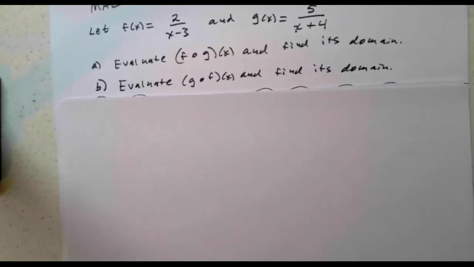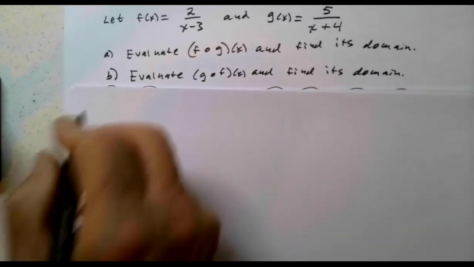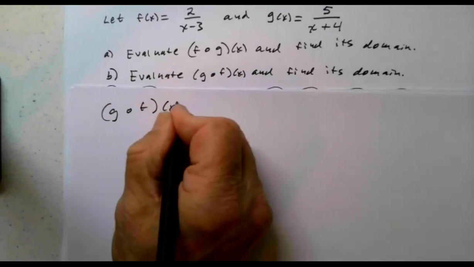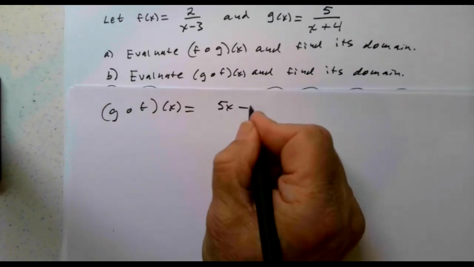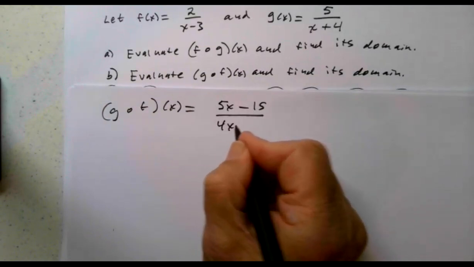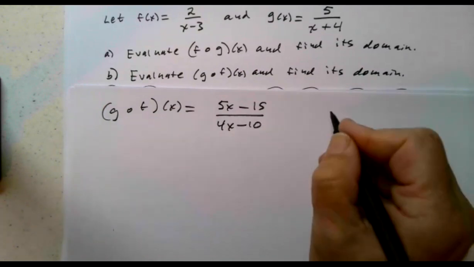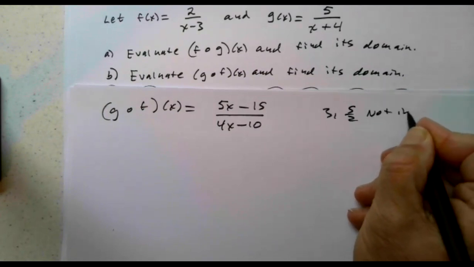We believe that G circle F of x is 5x minus 15 over 4x minus 10. You could factor these, but I don't think that's any simpler. We have to remove 3, and 5/2 is not in the domain.